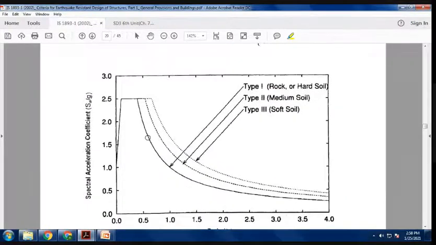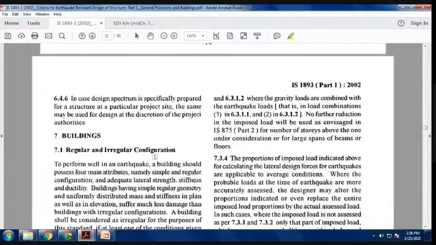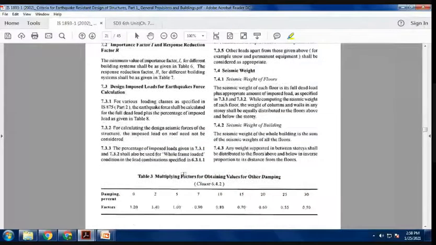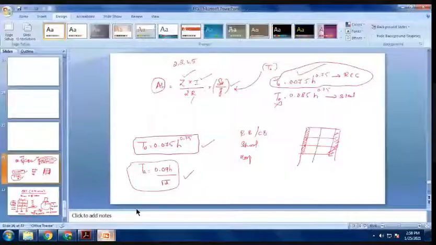Here also we have some graphs. Here we have some damping factors. I will explain what damping is.